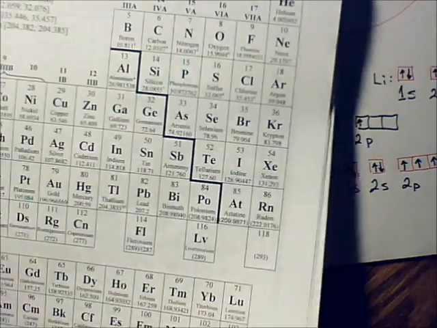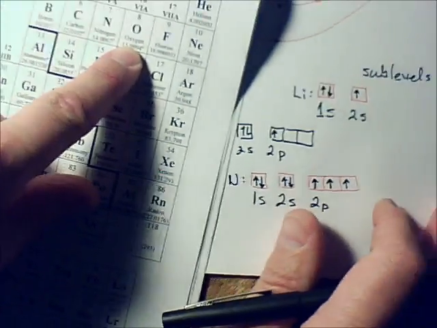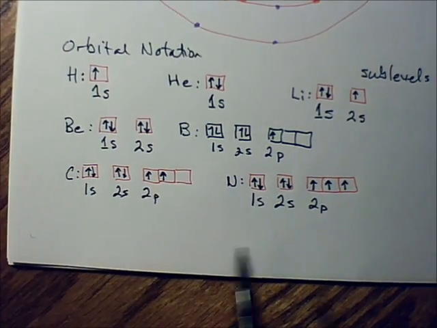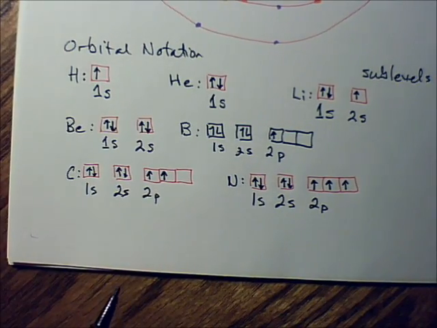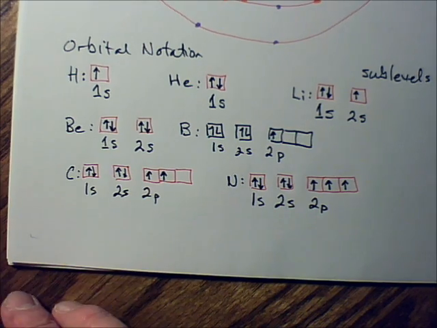And where does the next electron for oxygen go? First one, down spin. Okay? Got it? Write oxygen then.